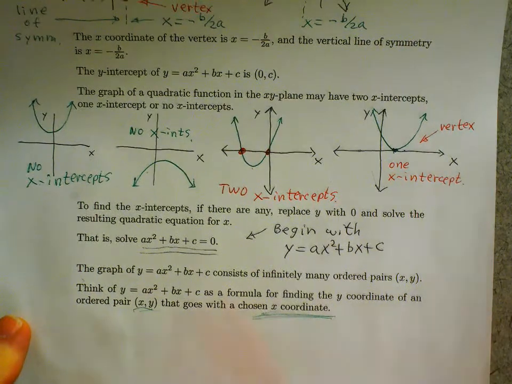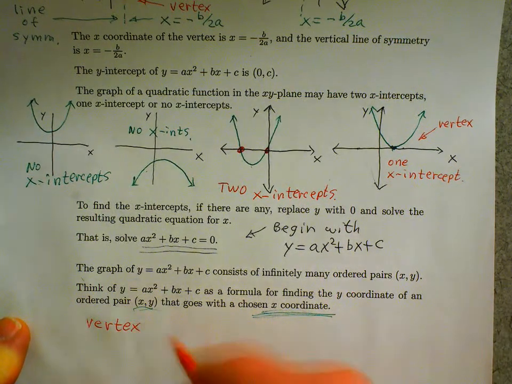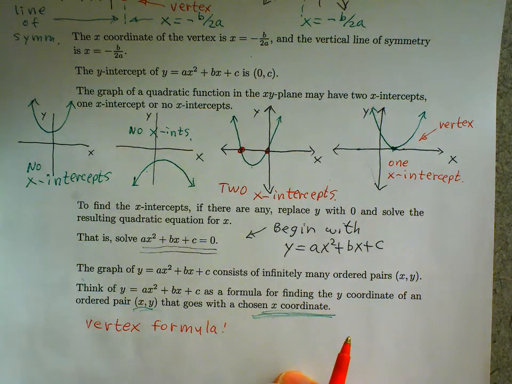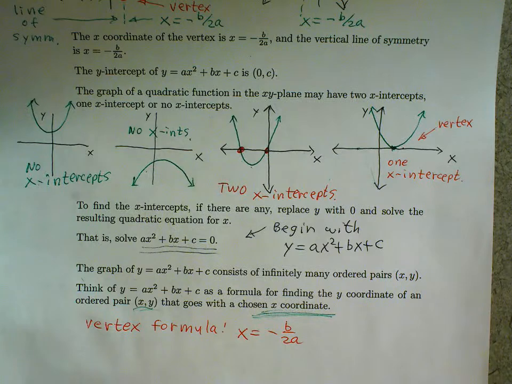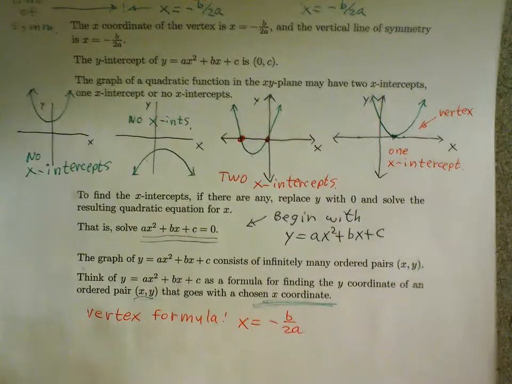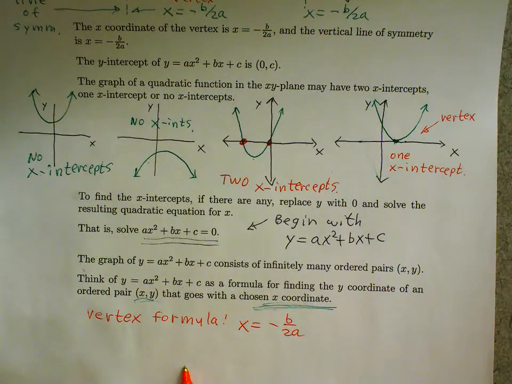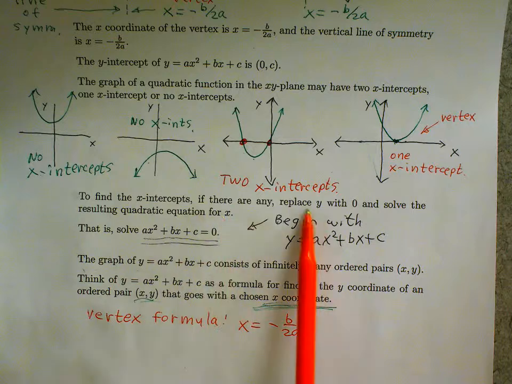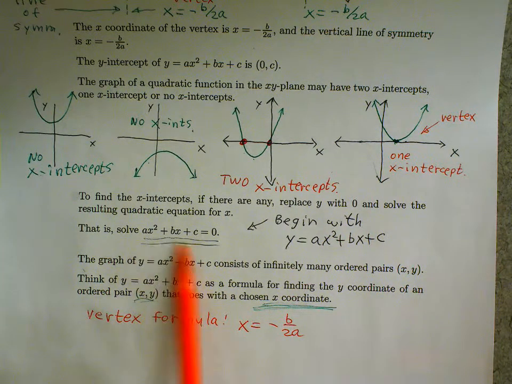And we'll also use the vertex formula for the x-coordinate. The x-coordinate is x equals negative b over 2a. And then for x-intercepts, I'll just refer to what is stated above. Replace y with 0 and solve the resulting quadratic equation for x.